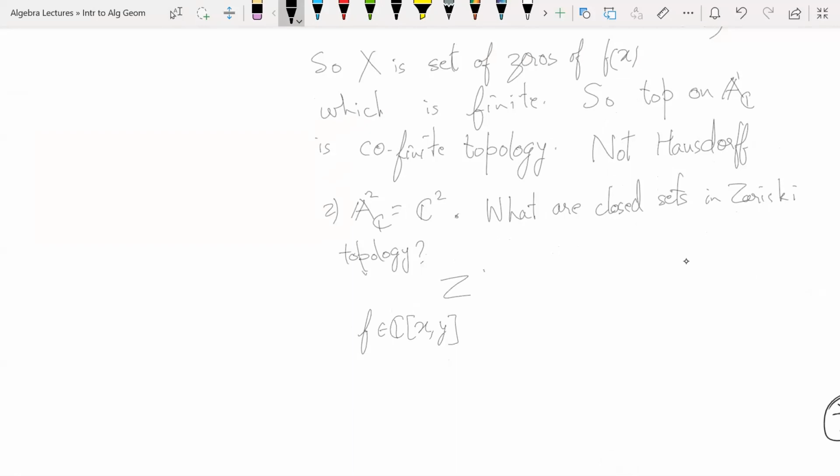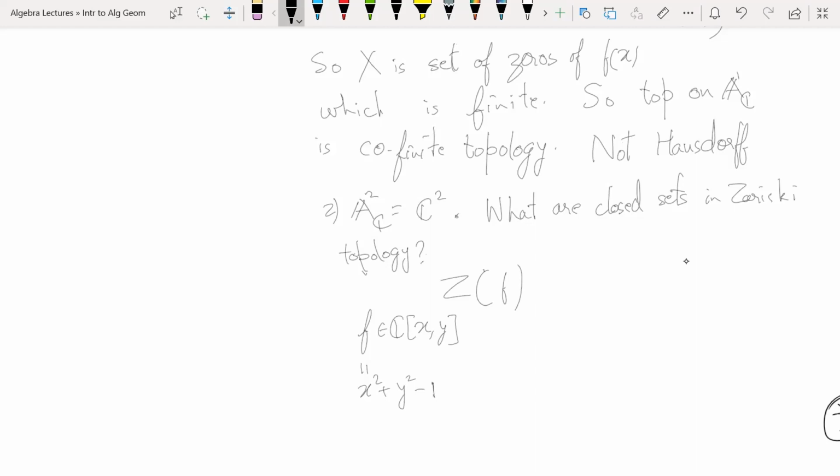So f is some polynomial in C[x,y], and we take the zero set of this f. f can look like x squared plus y squared minus 1, something like a circle.